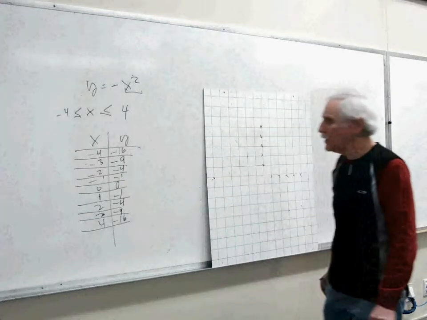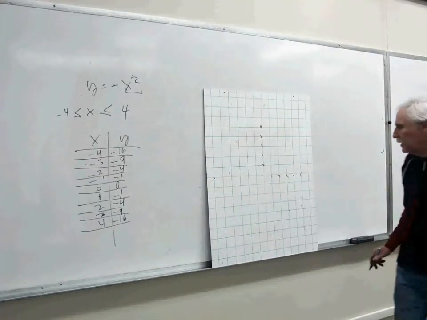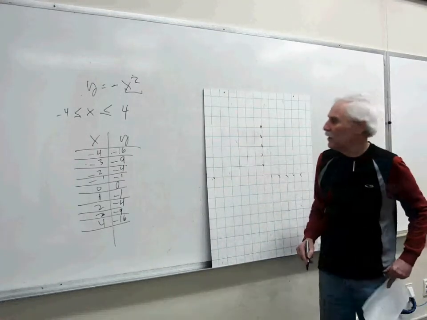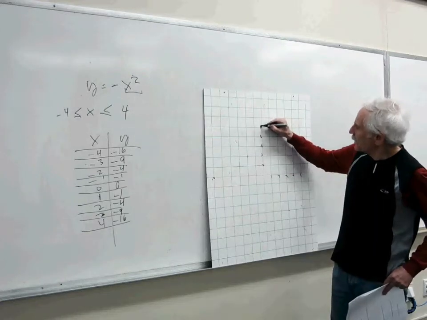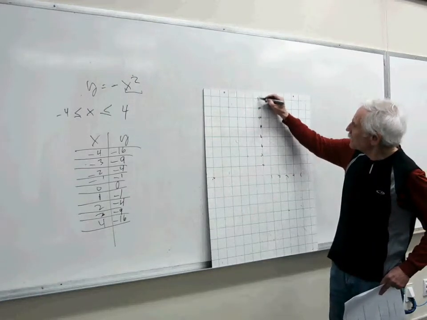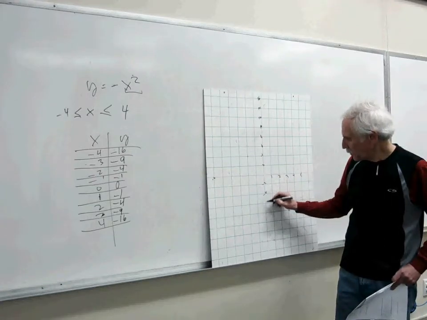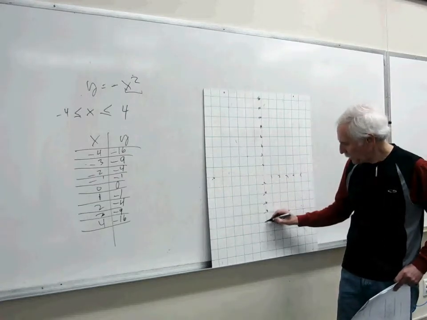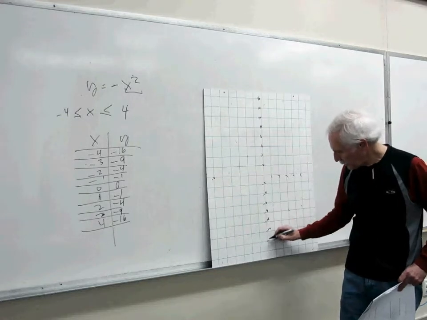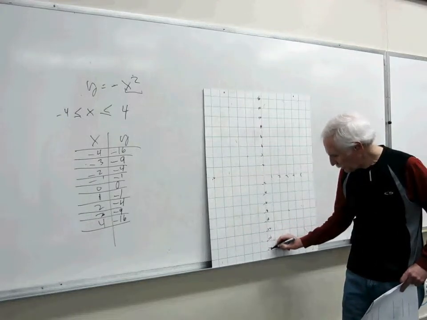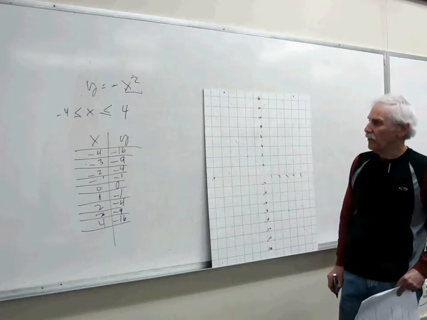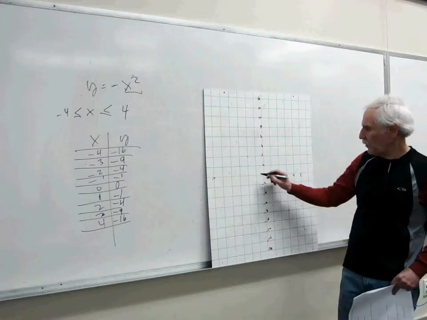Okay, plotting time. So minus, let's see, 10, 12, 14, 16, and this is minus 2, minus 4, minus 6, minus 8, minus 10, minus 12, minus 14, minus 16. Okay, here we go. X is equal to minus 4: 1, 2, 3, 4.